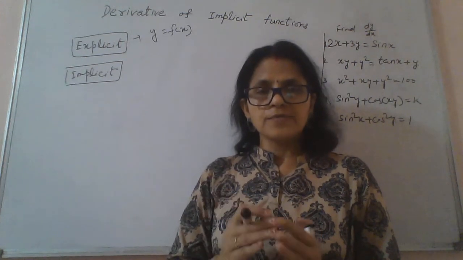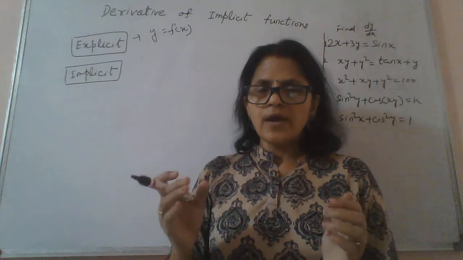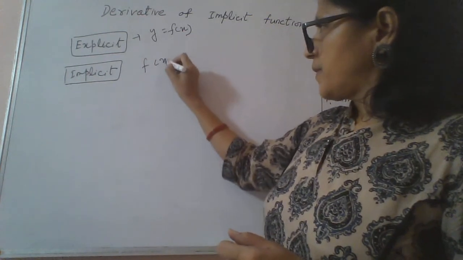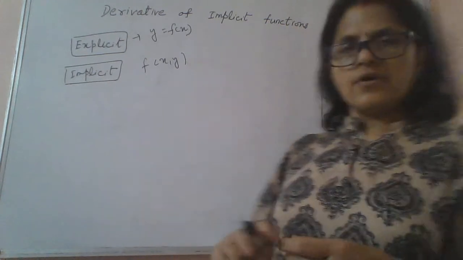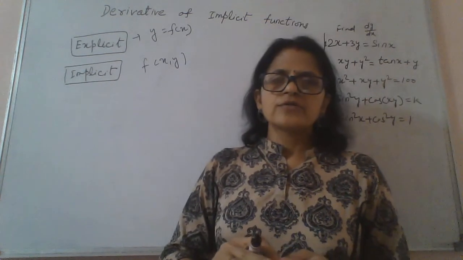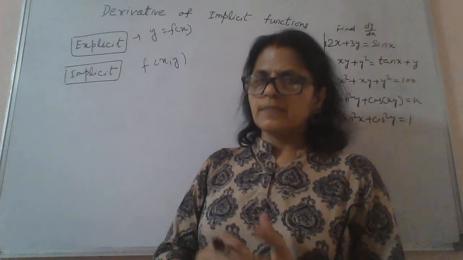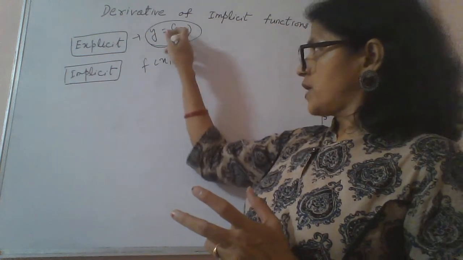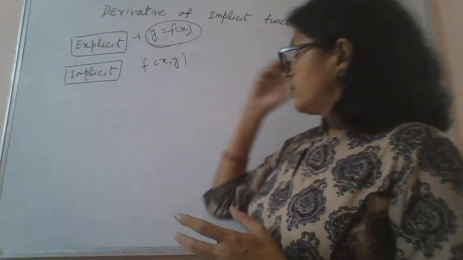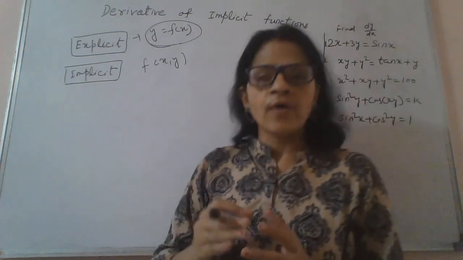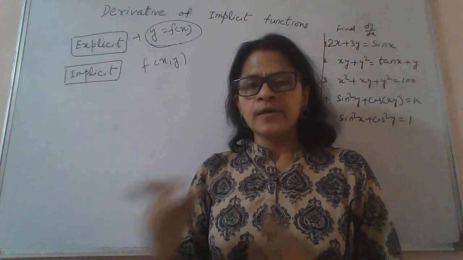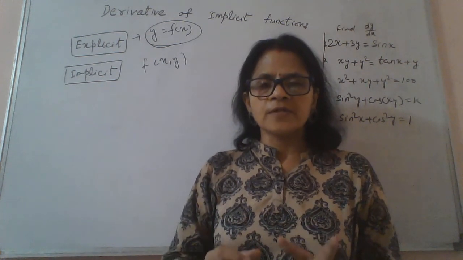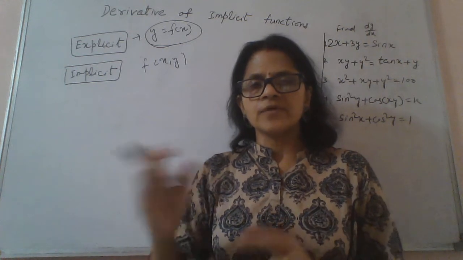Sometimes we have two variables, like a function of two variables f(x, y). Here the variables x and y are so linked and involved that it is difficult to express one variable in terms of the other.